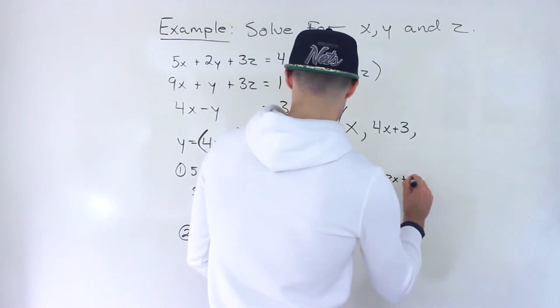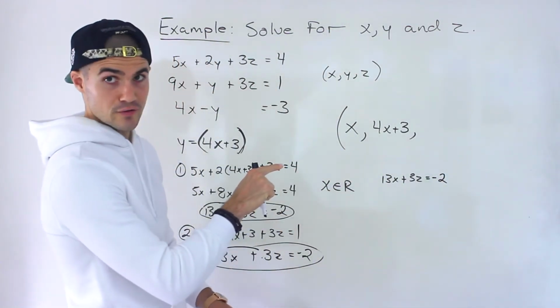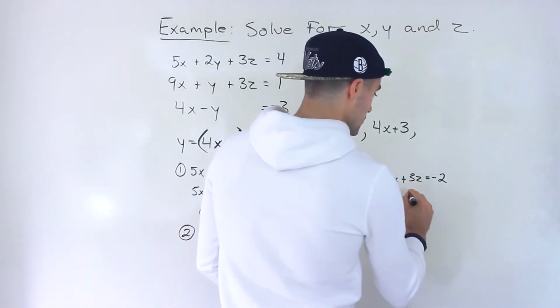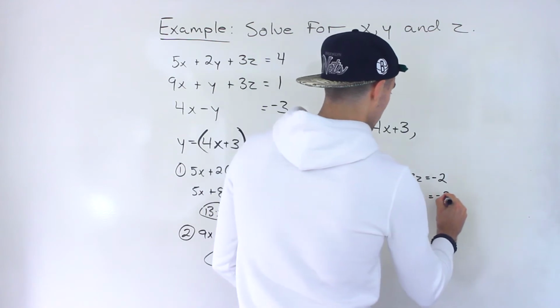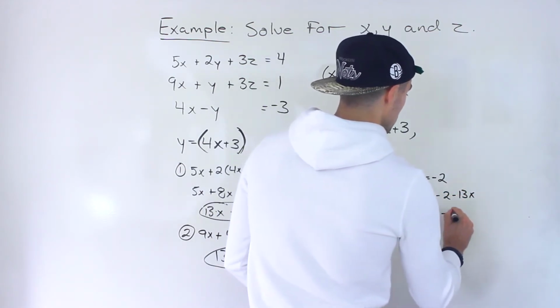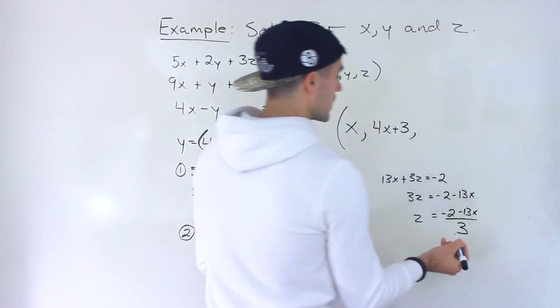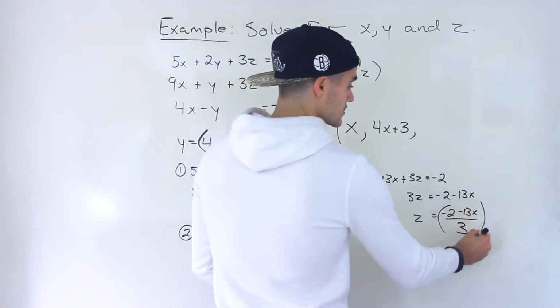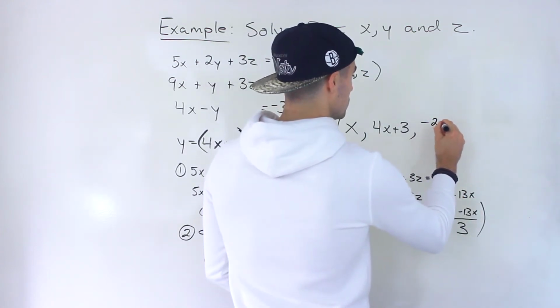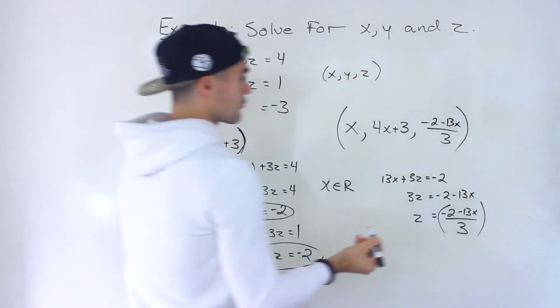We'll have 13x plus 3z is equal to negative 2. Well, to isolate for that z, bring the 13x over, so we'd have 3z is equal to negative 2 minus 13x, and then divide everything by 3. So we'd have negative 2 minus 13x over 3. And now z is in terms of x, so this would be negative 2 minus 13x all over 3, like that.